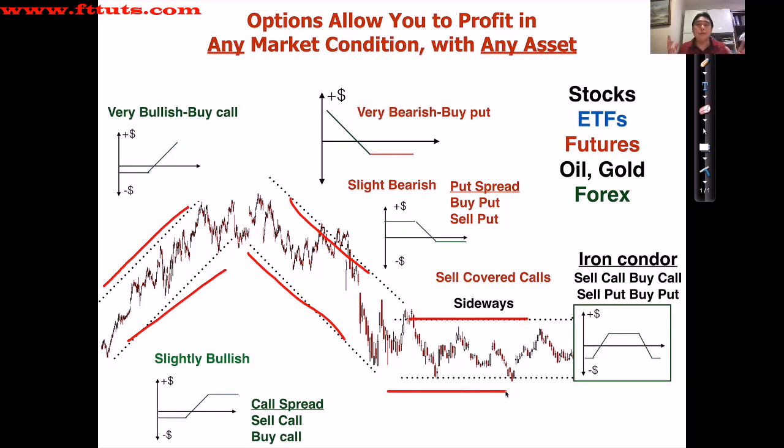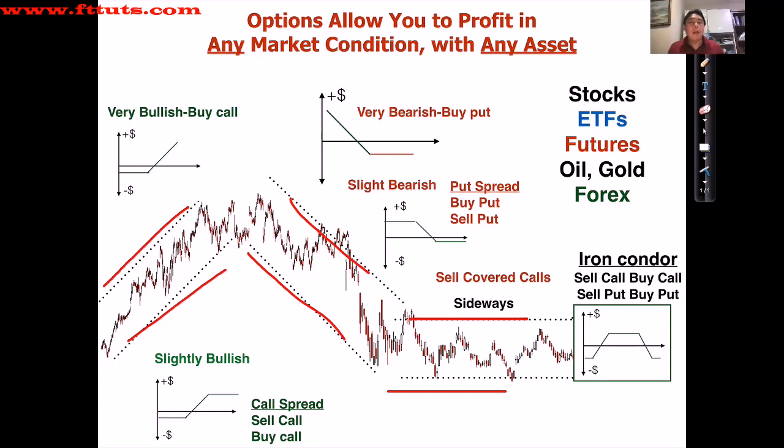So oftentimes if you just know how to buy stocks and ETFs, you can only profit in a directional way. So for example, the market's going up, you buy and you hope that it keeps going up. If it goes down, you could always short a stock or ETF, but there's always a danger when you short of unlimited risk if the stock gaps up against you. So with options, you're able to do all this with very limited risk.